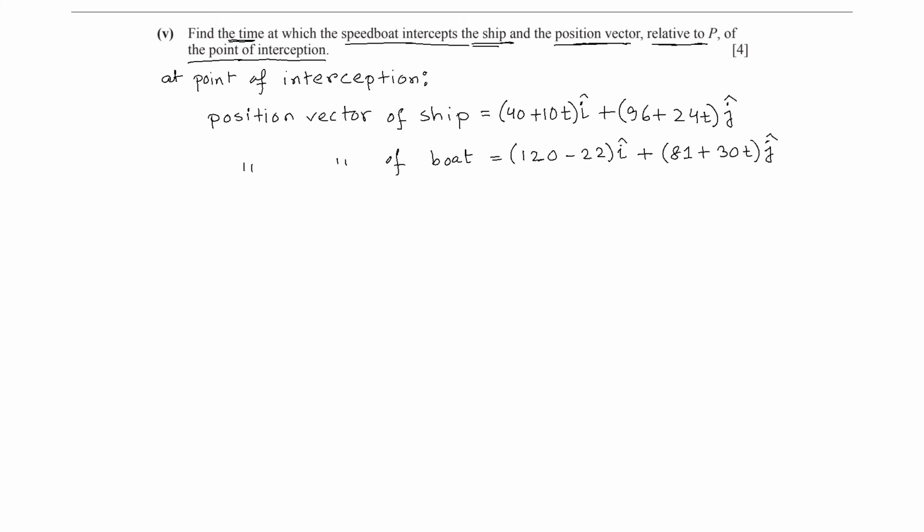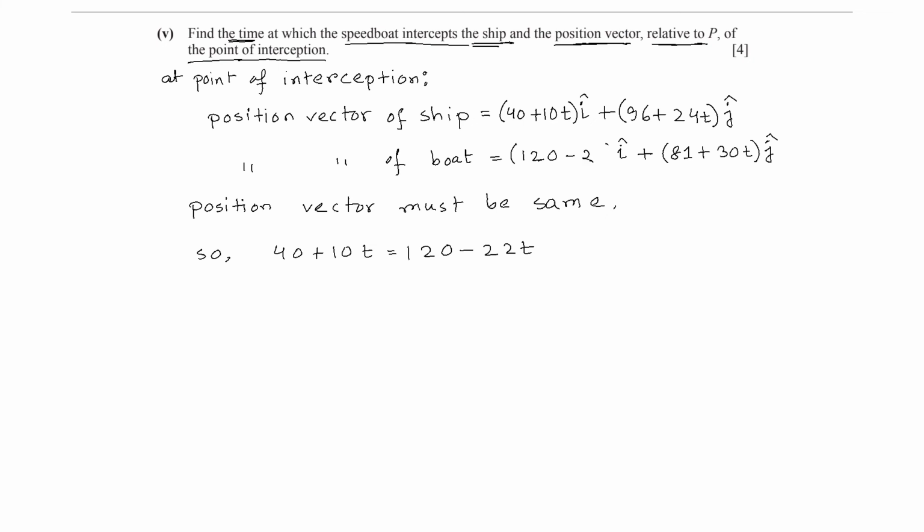If they intercept at any point, at that point of interception their position vectors must be the same. So for the condition to intercept, the position vectors must be the same. Therefore we can write 40 plus 10t is equal to 120 minus 22t. Above I didn't write 22t, so let me correct that first.